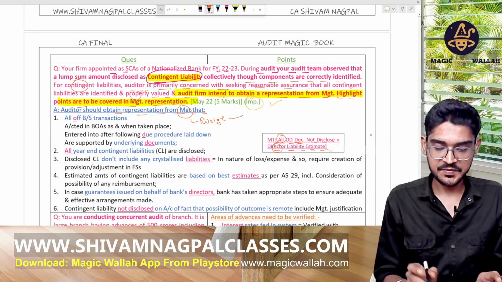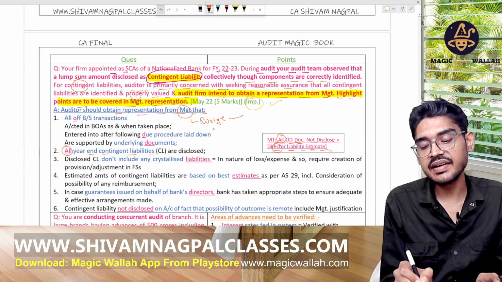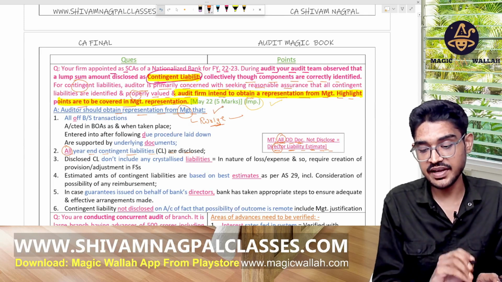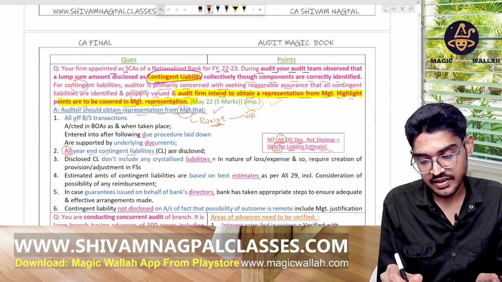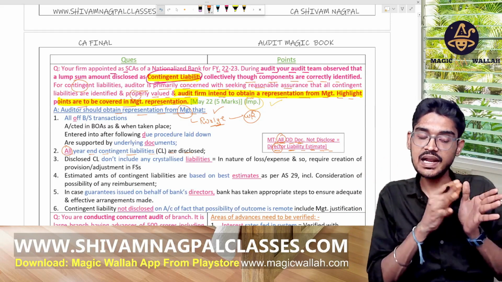By all means, all year-end contingent liabilities should be disclosed. We will get in writing from the management, as acknowledgement in the written representation, that all the year-end liabilities are properly disclosed in the records.